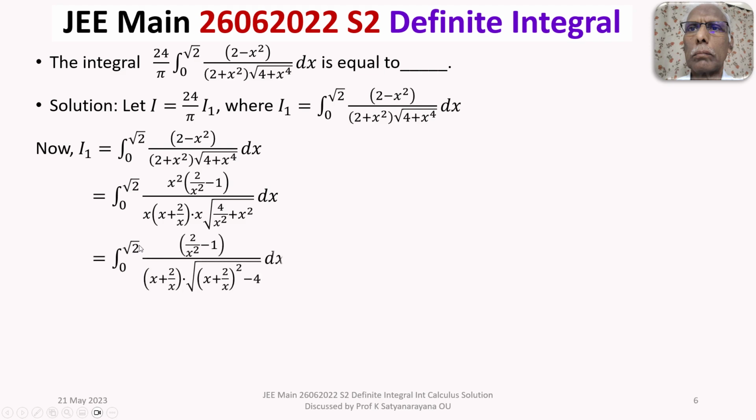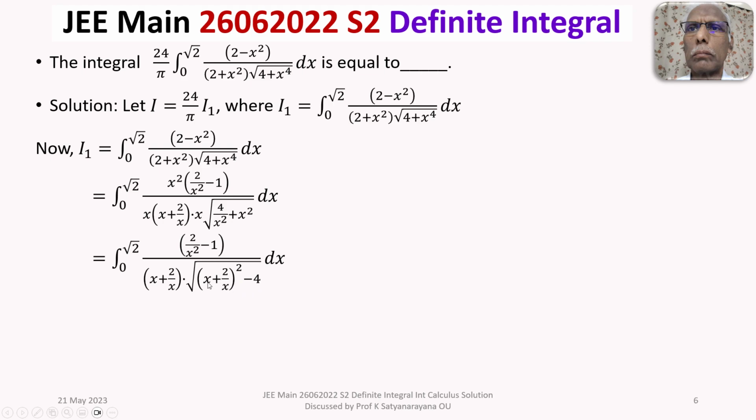Integral 0 to root 2, numerator 2 by x square minus 1, by, in the denominator, two factors. The first factor is x plus 2 by x, and under the square root of 4 by x square plus x square, which is written as a perfect square and then the terms adjusted.